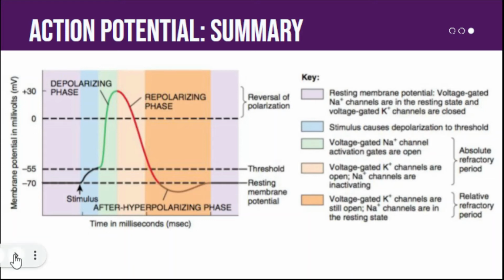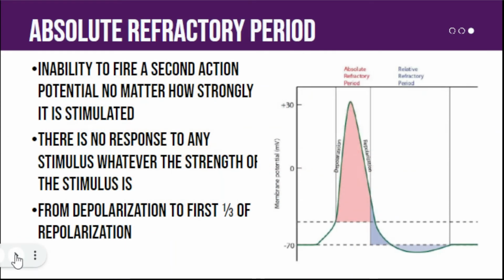Okay? Now, earlier, may nabanggit tayong term when we studied type A, type B, and type C fibers. Yun yung absolute refractory period. And what do we mean by that? This is the inability of the nerve to fire a second action potential no matter how strongly it is stimulated. Kahit gaano pa kalakas yung mechanical, electrical, or chemical stimulus na ibigay mo, pag nasa absolute refractory period ka, walang action potential na mangyayari.